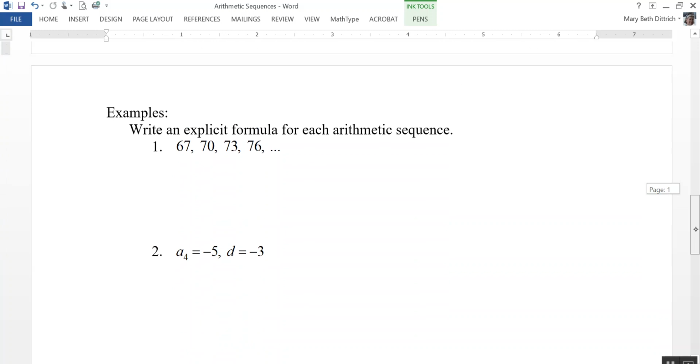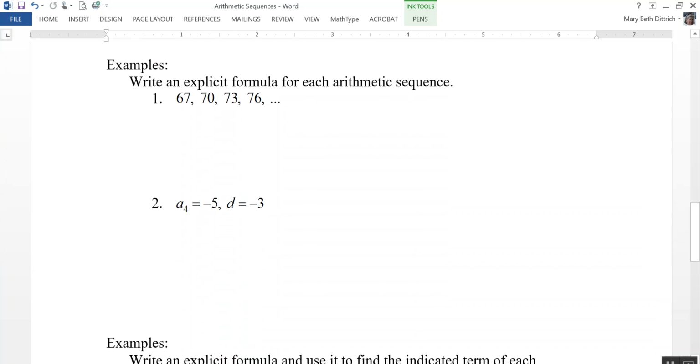Here's a couple more examples. We need to write an explicit formula for each arithmetic sequence. So recall that the explicit formula is a sub n, which is equal to a sub 1 plus the quantity n minus 1 times d. So n is going to be my variable. That's going to stay as n. So I need to know what a sub 1 is and what d is.